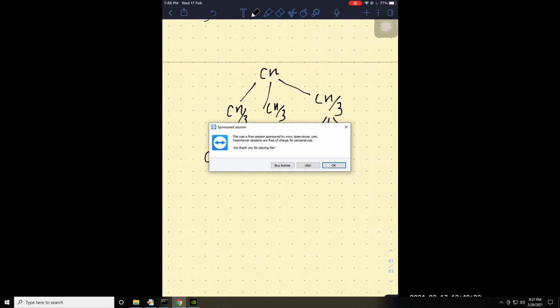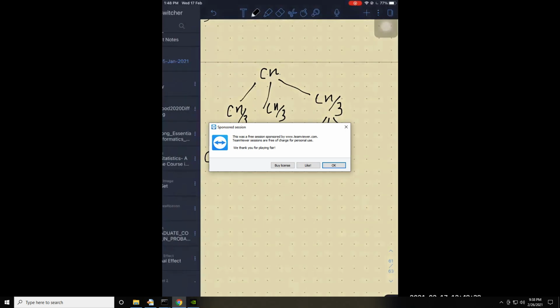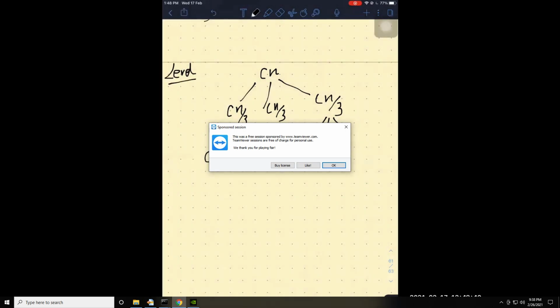So in this way, if we progress, we will get the level and the number of nodes.